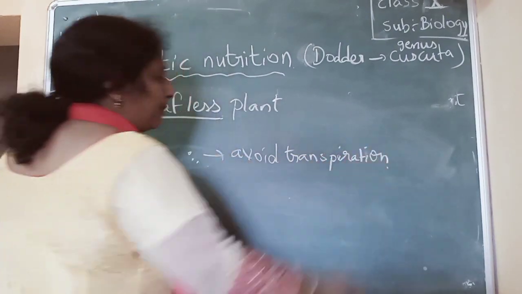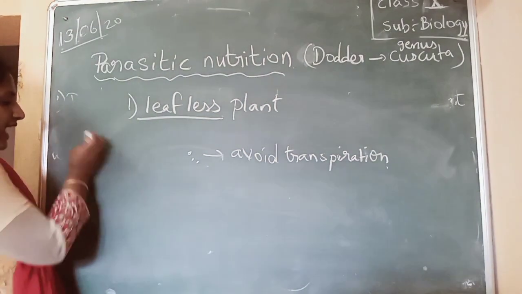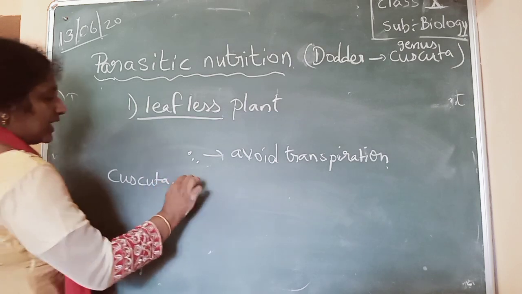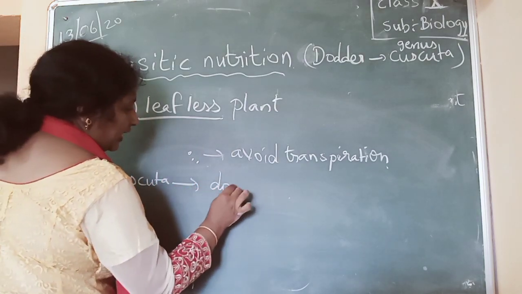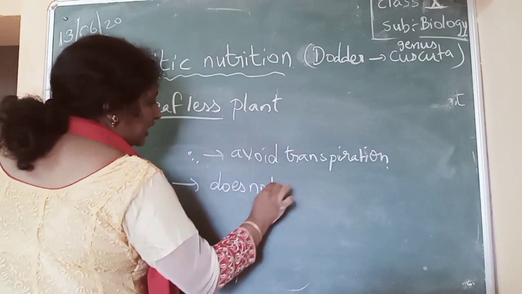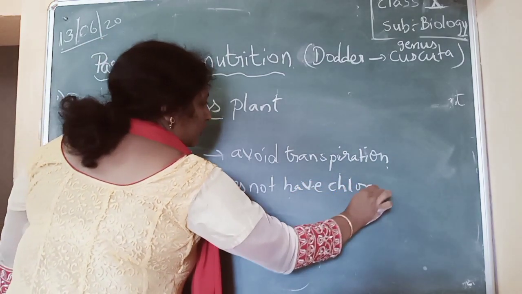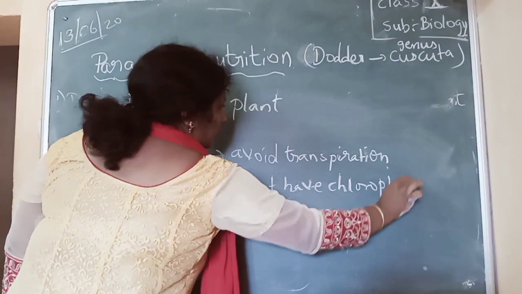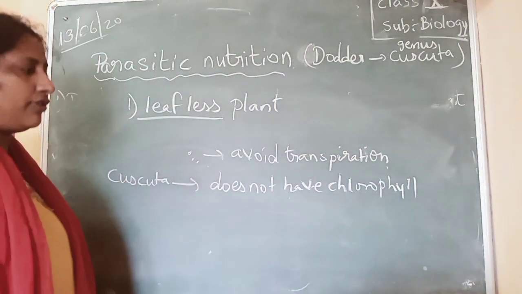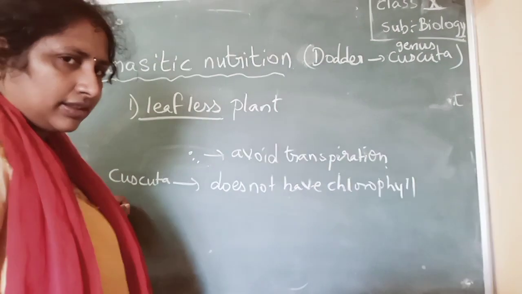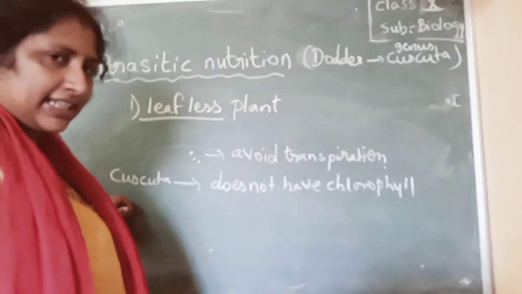One more important thing is that the Cuscuta plant does not have chlorophyll. If chlorophyll is not present, the plant is not able to prepare its food.